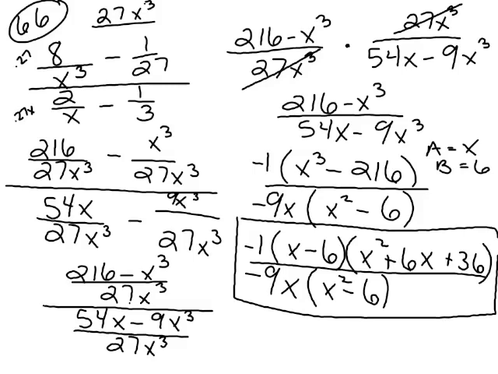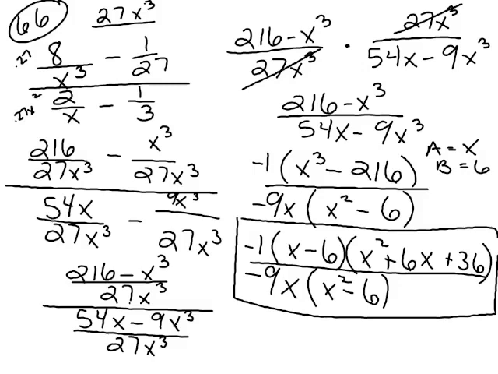Alright, let's walk back through and see what we can see here. Did we make a mistake somewhere? Let's check out that 54x. Where did we get that from? There we go, right there.